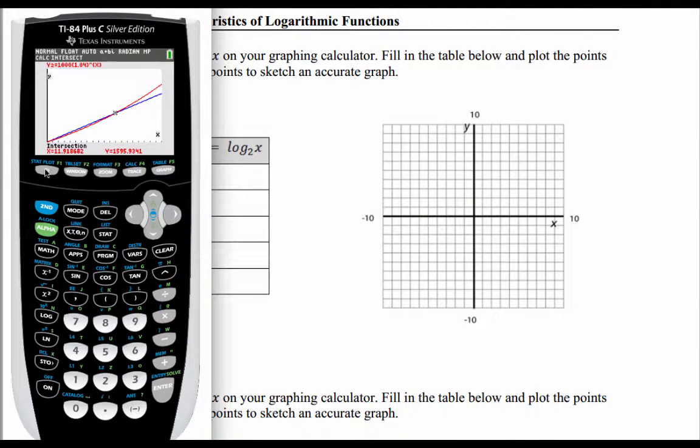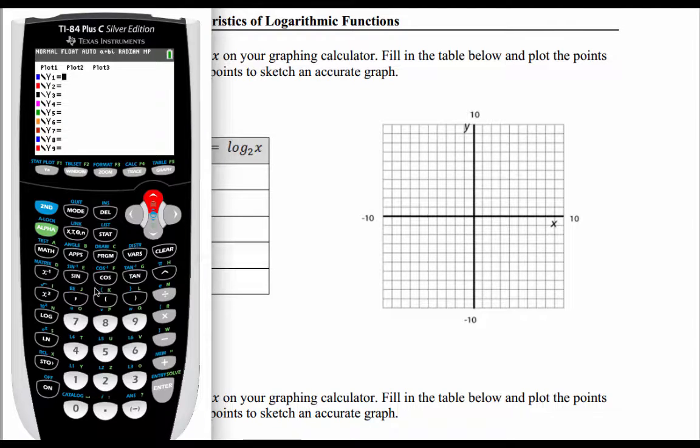So I'm going to go into our y equals, cut out all this craziness from the previous chapter here. And we want to put logarithm base 2 of x into y1. That's the function we're working with. Well, we don't have a logarithm base 2 built directly into our calculator. We have logarithm base 10 and logarithm base e, which we'll talk about in the next couple sections. But we don't have base 2 built in.